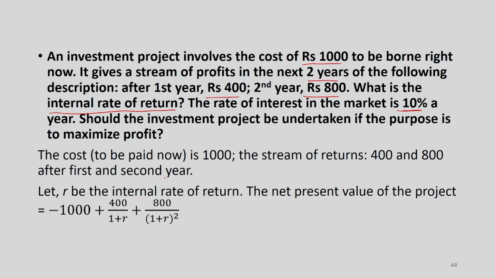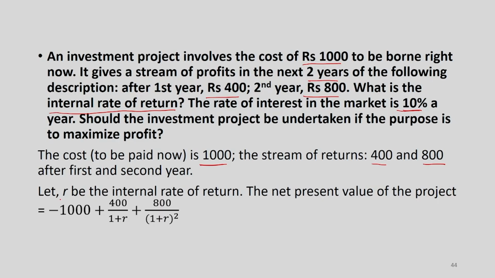First, we note that the cost of the project here is 1000 rupees. This cost has to be paid right now, at present, and there is a stream of returns accruing in the future, 400 and 800 rupees after the first year and the second year. Okay, so these are the incomes that are occurring in the future.